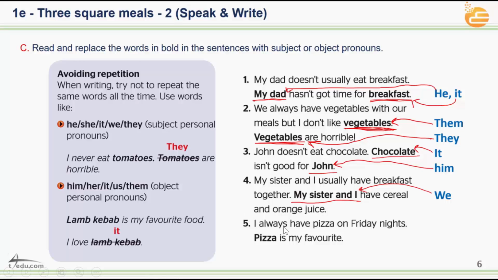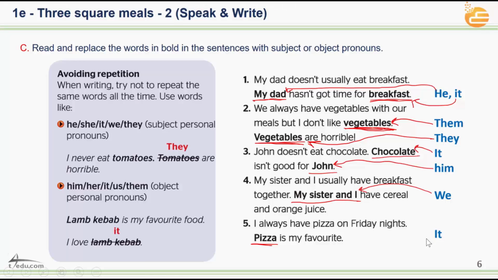Number five, I always have pizza on Friday nights. Pizza is my favorite. So this one is pizza, and this is a repetition. So what do you think? What should we say? Okay, full stop. So this is at the beginning of the sentence. So it is just like the subject. He, she, it, we, you, they. Which one?